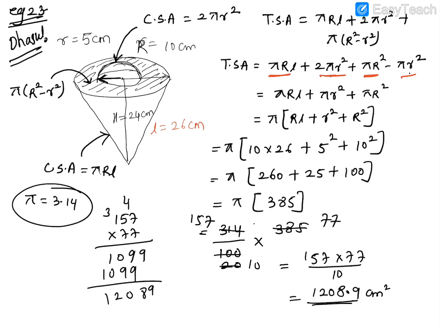Okay. Then guys, now the next sum is example number 26. I think it must be 26 in your book also. Example number 26. So from a solid cylinder of height 36 centimeter. So you have a solid cylinder.